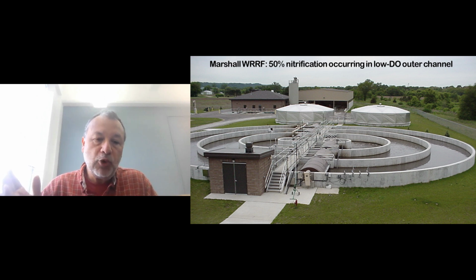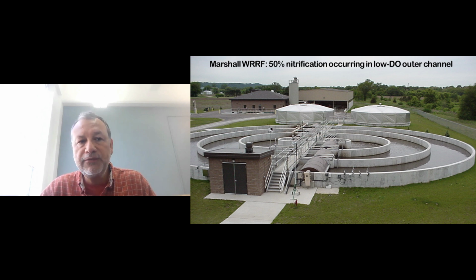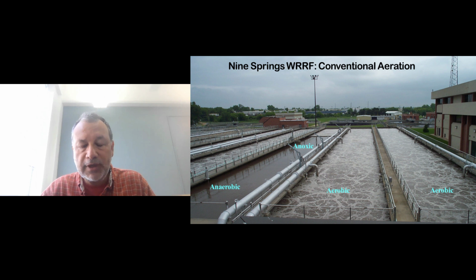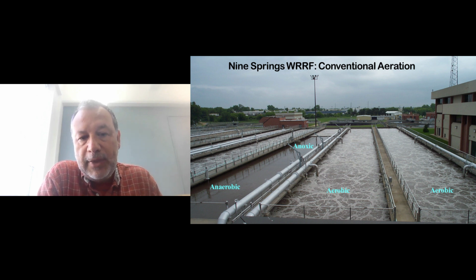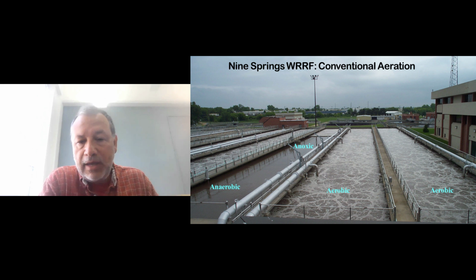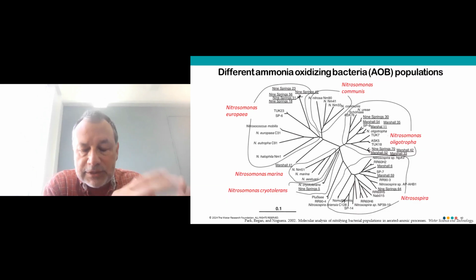So we wanted to compare the microorganisms doing nitrification in that plant with the microorganisms doing nitrification in our conventional UCT type process in Madison, Wisconsin, where at that time you had very high aerobic dissolved oxygen concentrations in the aerobic stage.